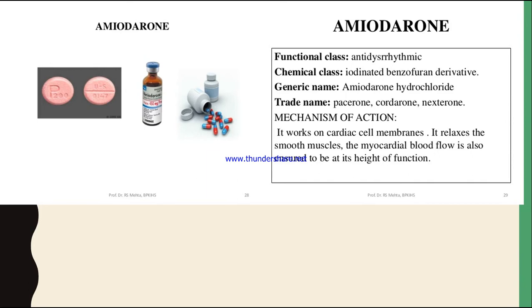The mechanism of action: it works on the cardiac cell membrane. It relaxes the smooth muscles and improves myocardial blood flow. It is usually given in dysrhythmias, that is, abnormal rhythm of the heart.